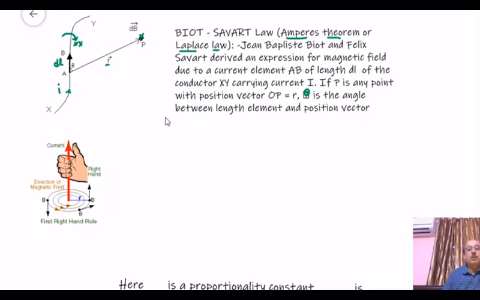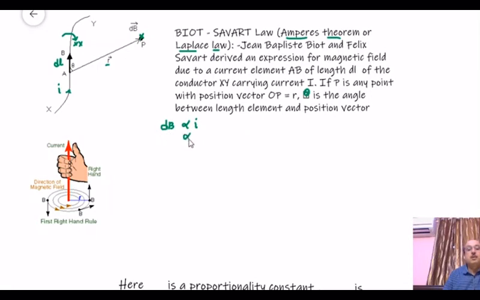According to Biot-Savart law, the magnitude of magnetic field dB is directly proportional to the amount of current. More the current, more the magnetic field of induction.